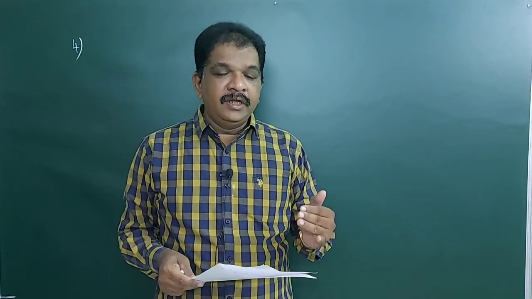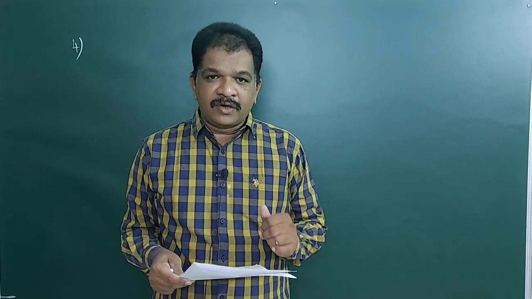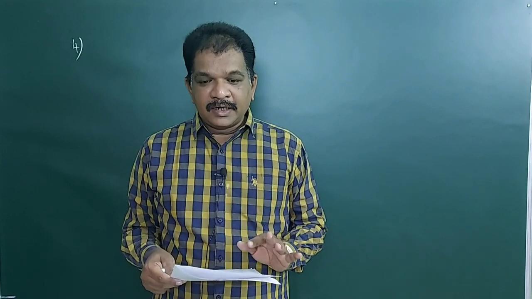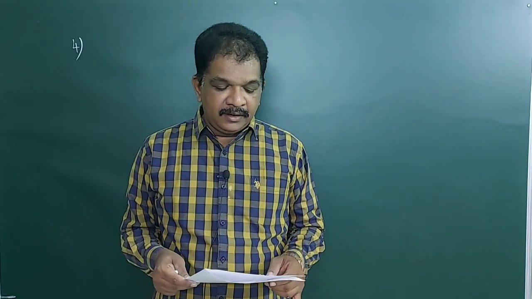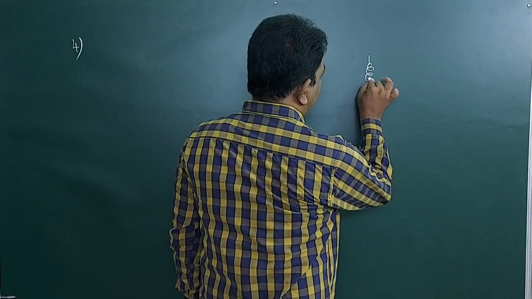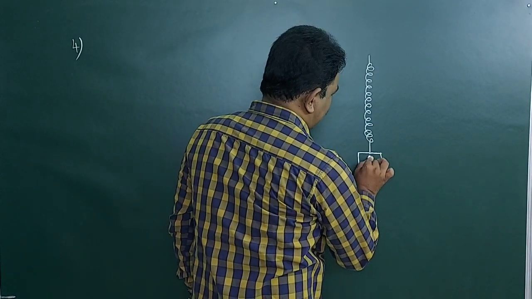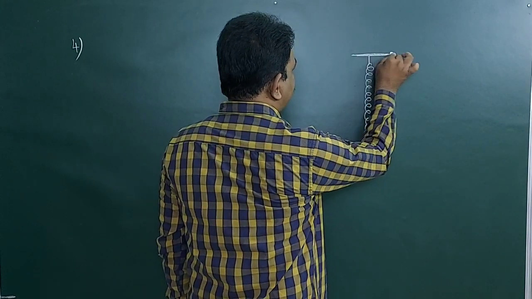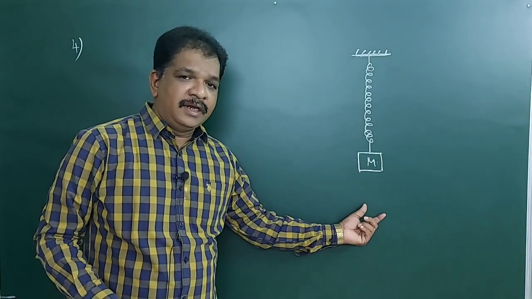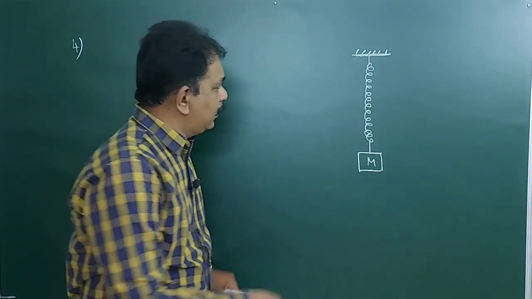The spring is pulled a little and then released so that the mass executes SHM of time period T. If the mass is increased by small m, the time period becomes 5T/3. The ratio of small m by capital M. See, here there is a spring. For that, a mass capital M is attached. When the mass is pulled slightly and released, it is oscillating like this, its time period will be T.